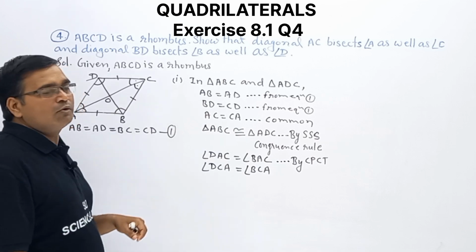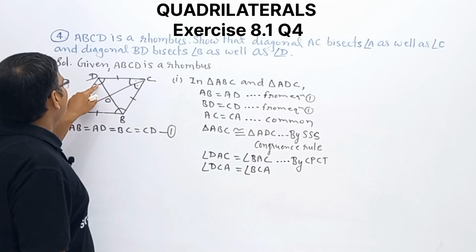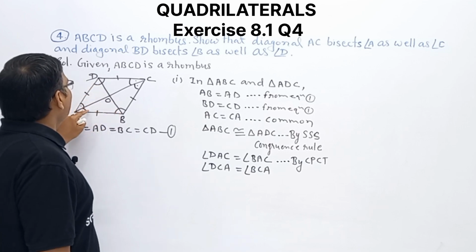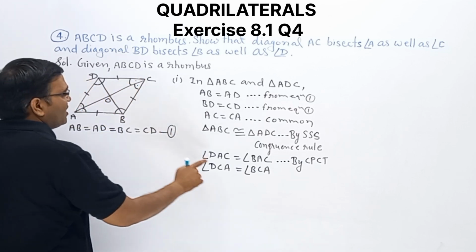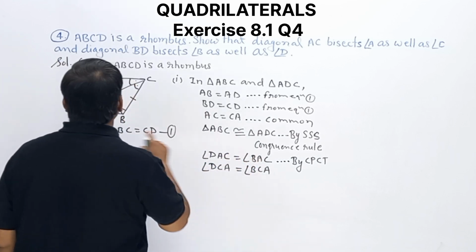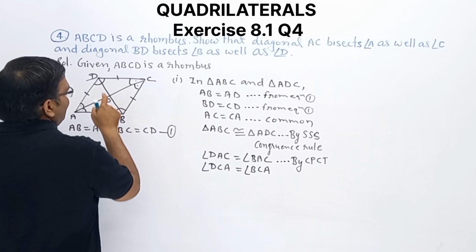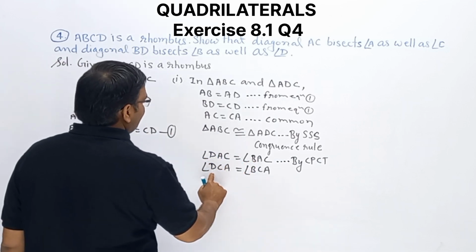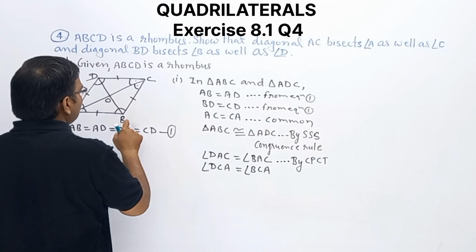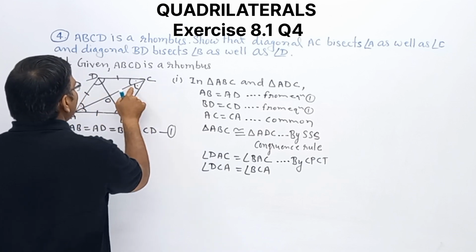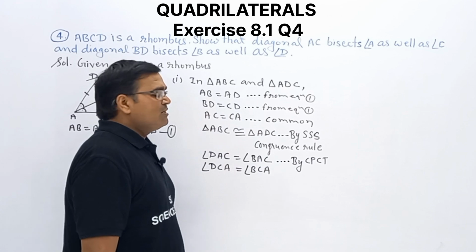Once we proved the congruence, corresponding parts of congruent triangles will be equal. So angle DAC equal to angle BAC, and angle DCA equal to angle BCA. Clear? By CPCT we proved these things.